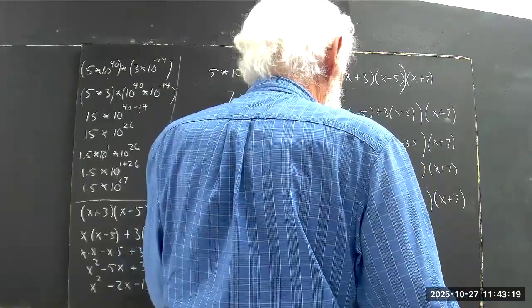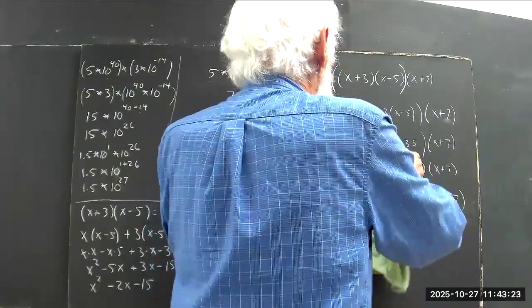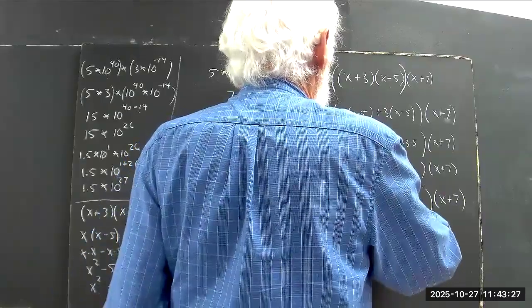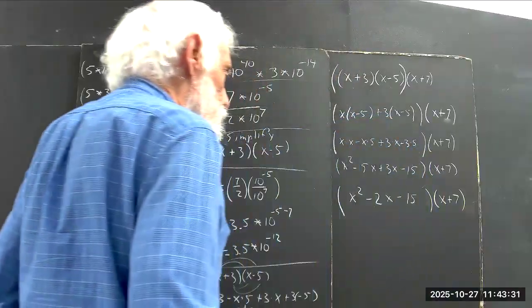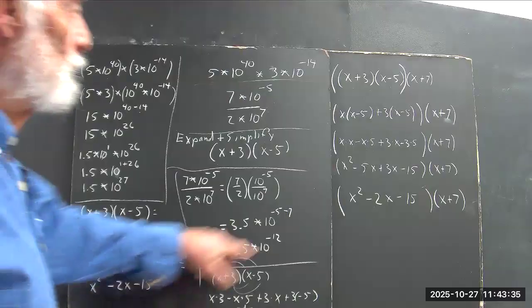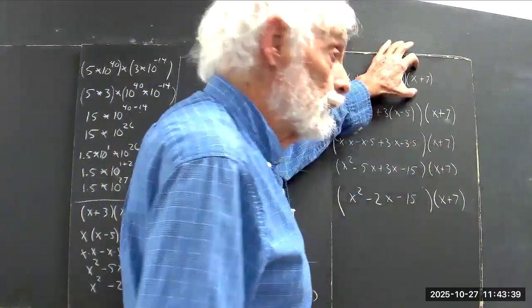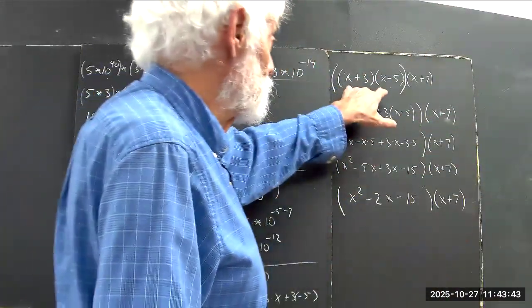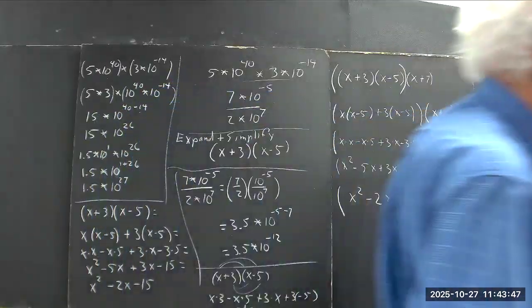Got ahead of myself. Okay, now these steps are exactly the same as the ones I did here, but every one of these has an x plus 7 tacked onto it because he had an x plus 7 here. You can't just leave that off. Just because you're trying to do this doesn't mean you get to leave off the x plus 7, okay?